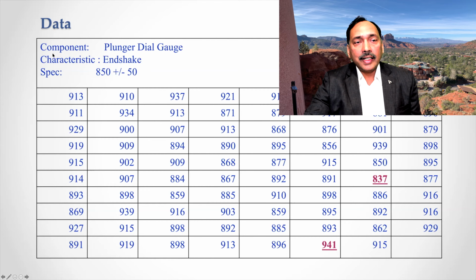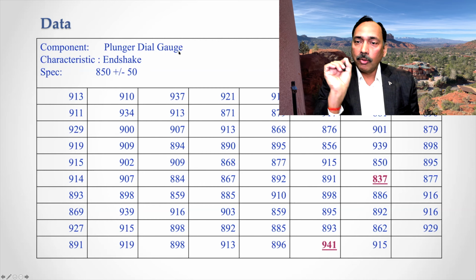One of the areas they had a lot of problems with was a key quality characteristic called end shake. This is a critical characteristic for a component called a plunger dial gauge. It's a measuring instrument that measures small dimensions.